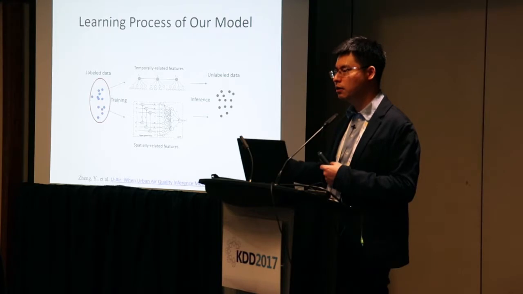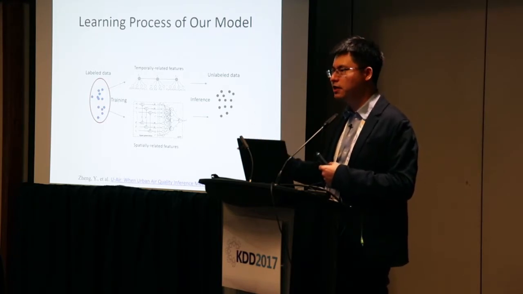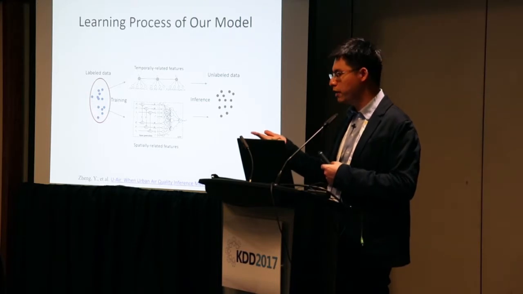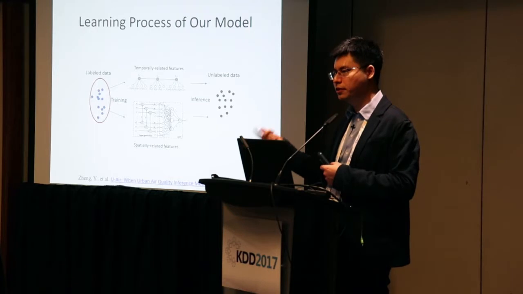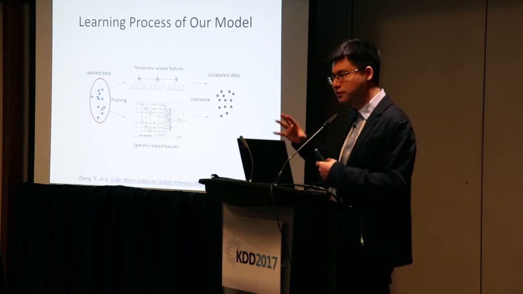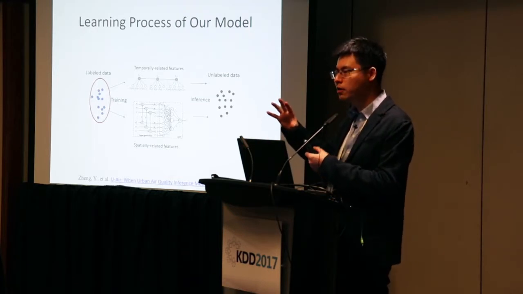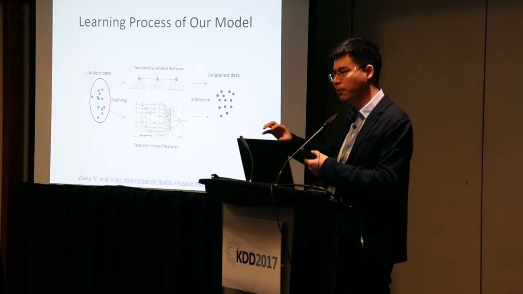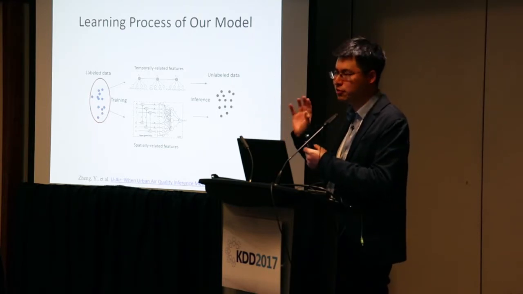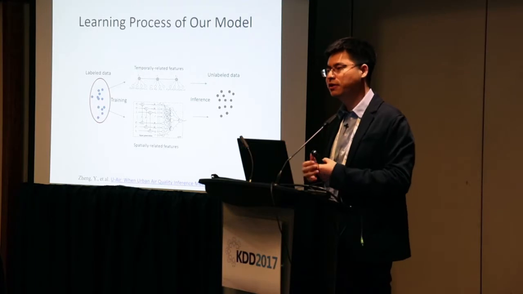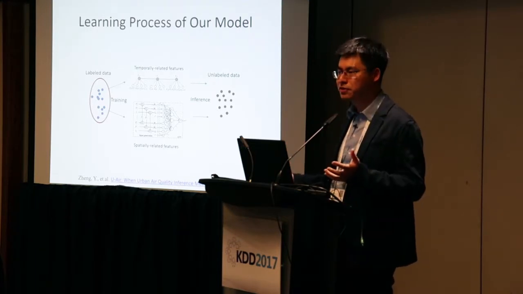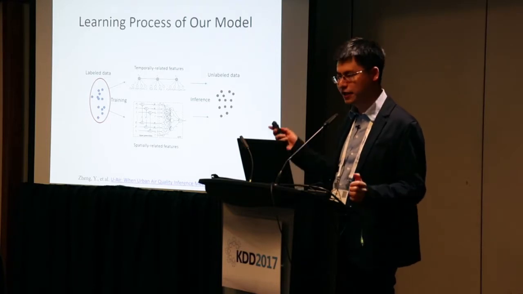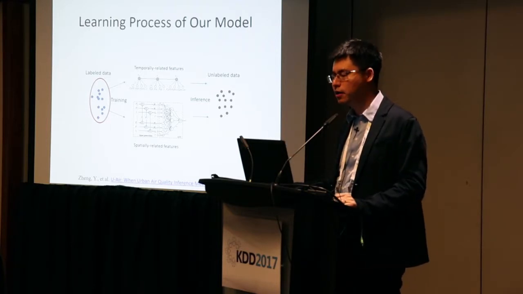Second one, global propagation. That means air pollution blown from other places. Third, some secondary chemical reaction between the local emission and the global propagation. So the co-training perfectly models the local emission and global propagation, and the co-training framework actually corresponds to the secondary chemical reaction. So this model is motivated by both domain knowledge and data science knowledge.